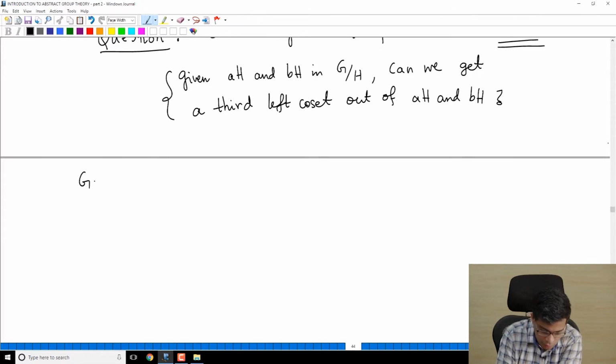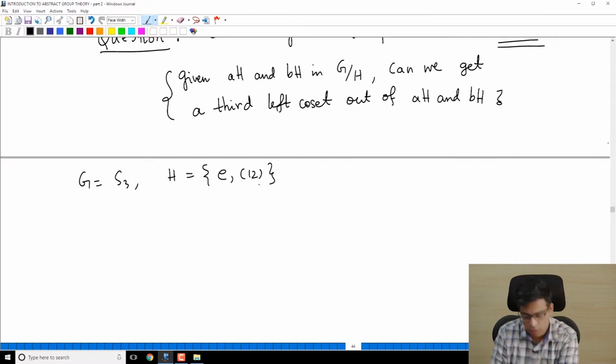So I'm going to recall for you the example we worked out. Okay, so let's take G to be the symmetric group on 3 letters and H to be the subgroup {e, (1 2)}. And if you recall, we computed the cosets of this very carefully.